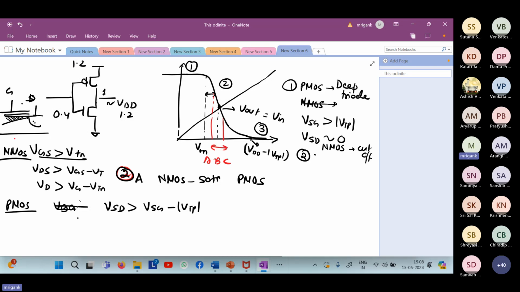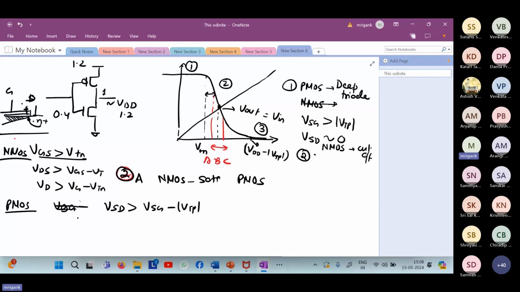of the NMOS, because then only, assuming that whatever VD you are applying, this is N plus, the same voltage will appear here almost at this point, and the gate voltage is here. So between the gate and the channel, on the drain side, the voltage is VG minus VD, because the gate is VG, drain side it is VD. So at the drain contact, the channel potential is close to VD.